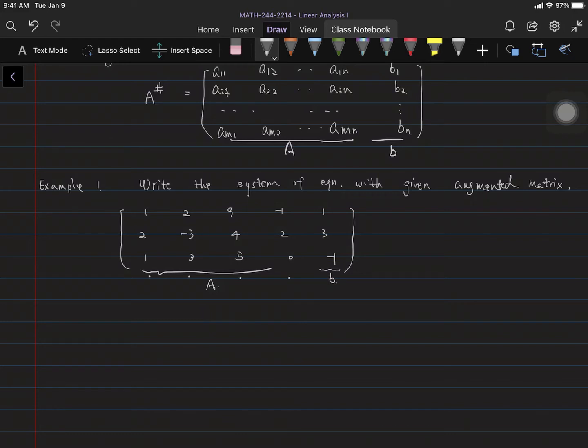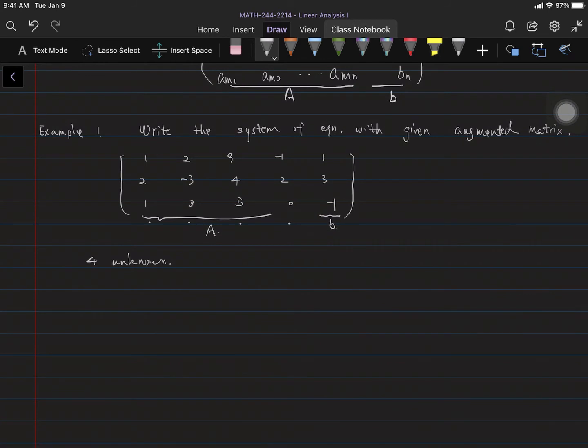That means we have 4 unknowns. Right? So we can just write down the linear system right now. So let's see. The first one is 1 times x1, 2x2, 9x3 minus x4, and the right side, which is 1. That's the first equation, right?